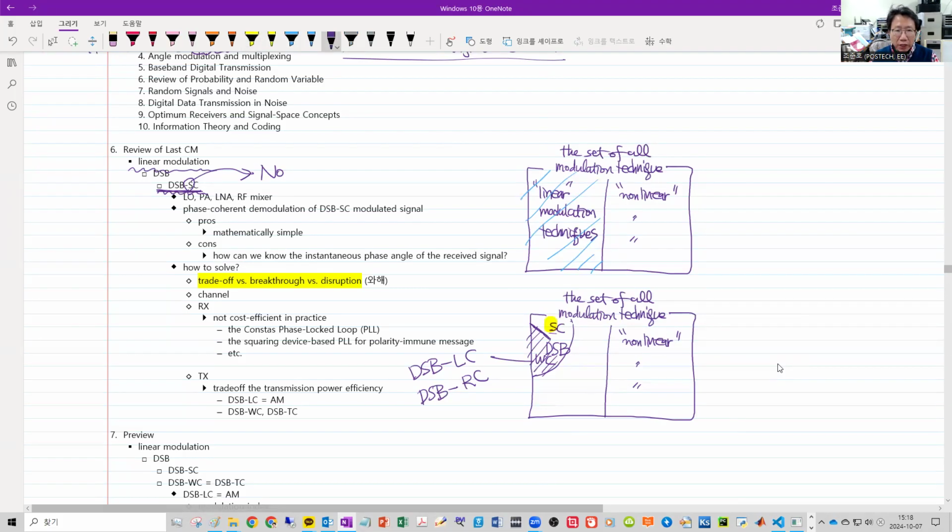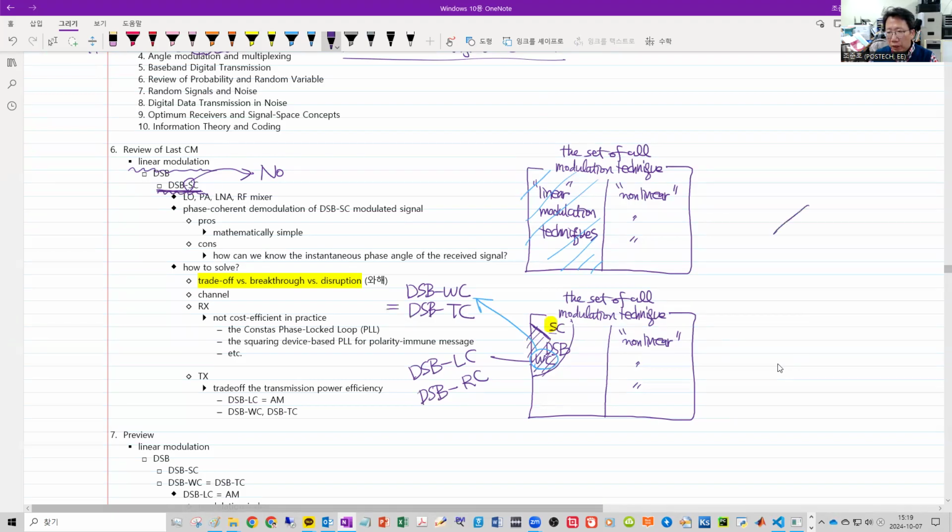By the way, some textbooks say with carrier as transmitted carrier, so they say that DSB with carrier equals DSB with transmitted carrier. There are many confusing terminologies, but I hope you have this hierarchy of concepts in your mind.